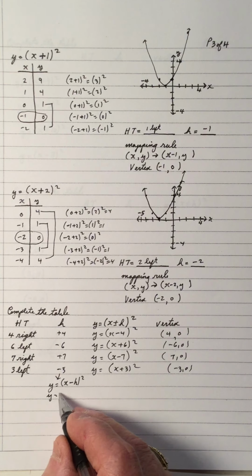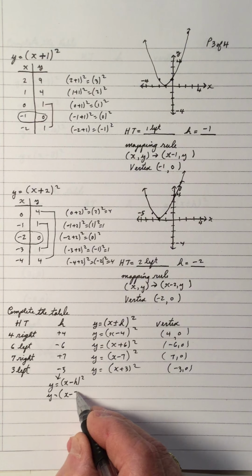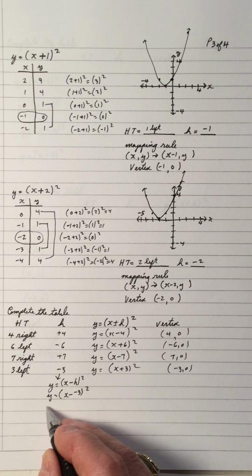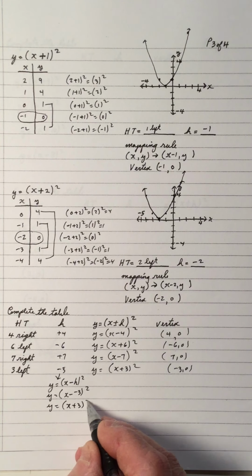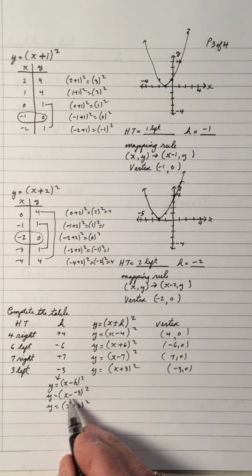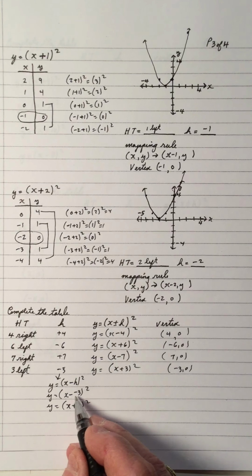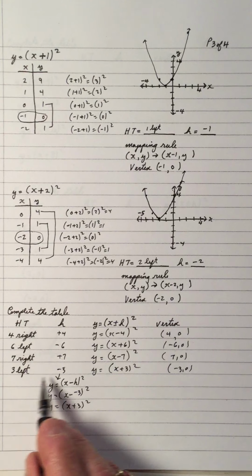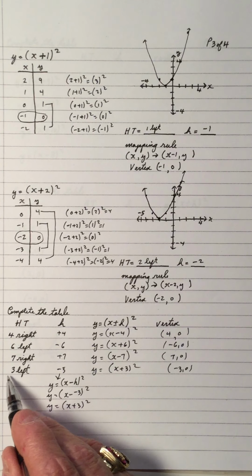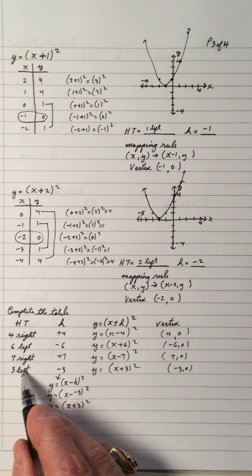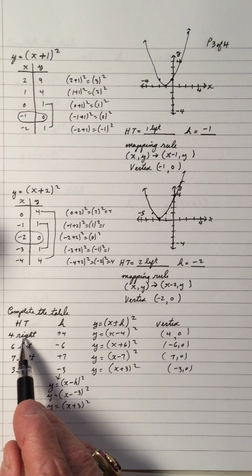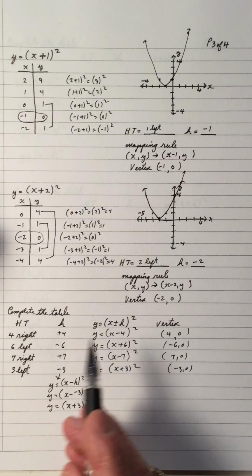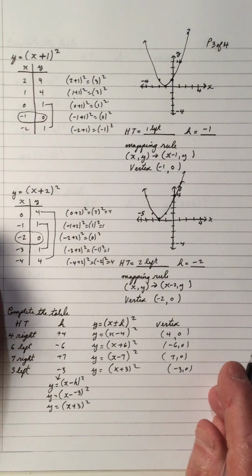So if the horizontal translation is negative 3, notice what happens. It becomes x plus 3. That's why it's changing the sign, because the negative of a negative makes it positive. So if the horizontal translation is negative, then the equation will have a plus. If the horizontal translation is positive, like a plus 4, the equation will have a minus 4.